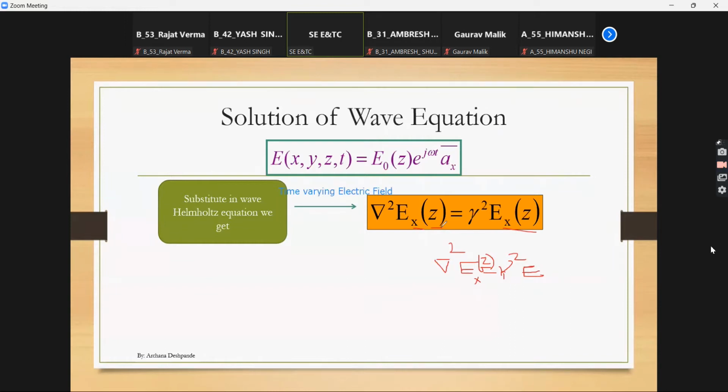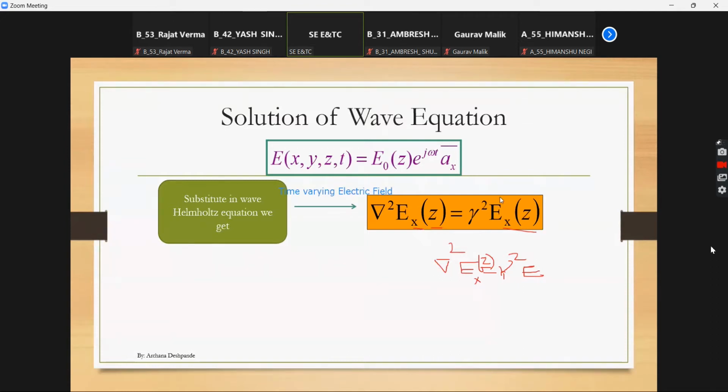Now I have fixed that my electric field is going to be like this, so I have made changes in my wave equation. So this is my Helmholtz wave equation, wherein the specific electric field parameter is mentioned.